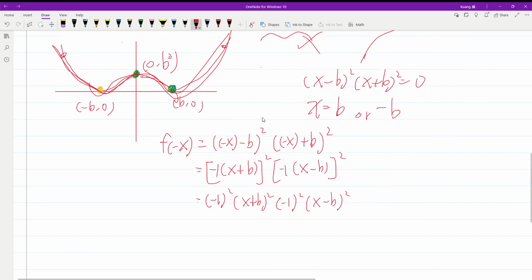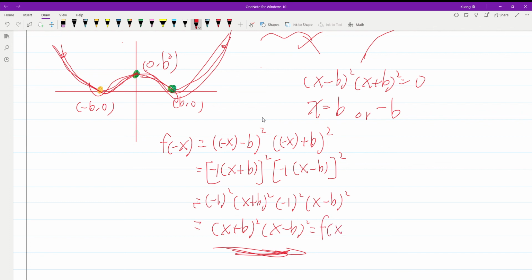And finally, you will get (x + b)^2 times (x - b)^2. This is f(x).